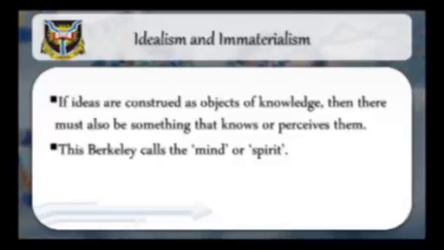If one construes sensible objects as ideas of sense and ideas are objects of knowledge, then having a real existence distinct from being perceived would require that an object be known as an idea and unknown as a thing distinct from being perceived, which is inconsistent.